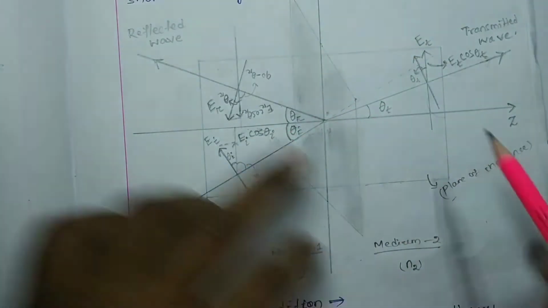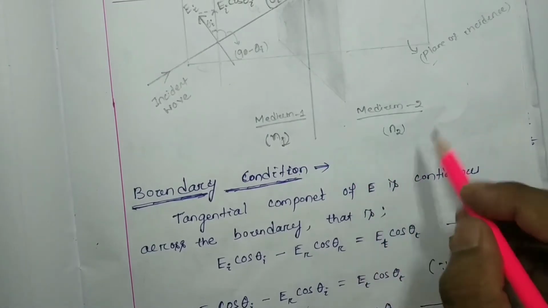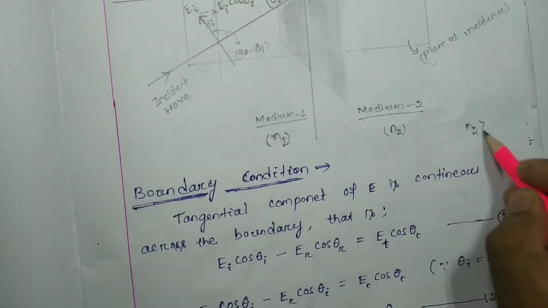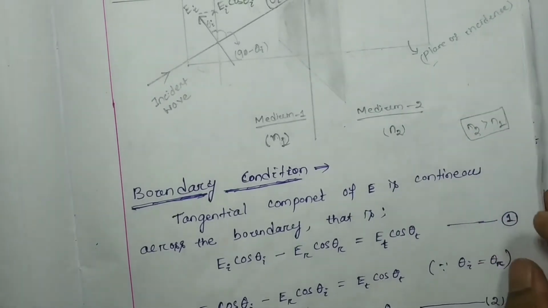That means the refractive index of medium 2 is greater than that of medium 1, so N2 is greater than N1.